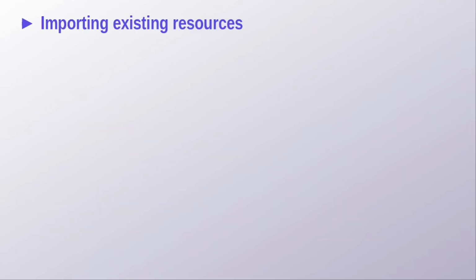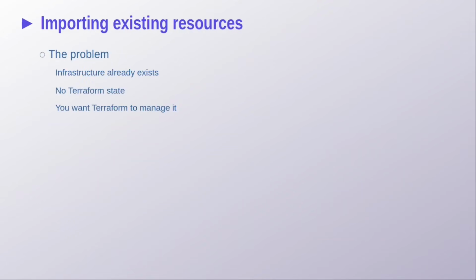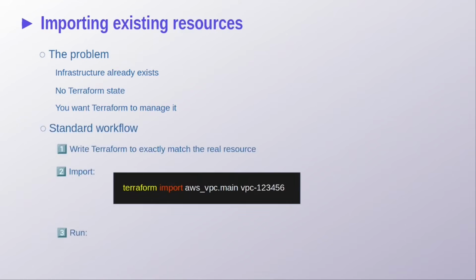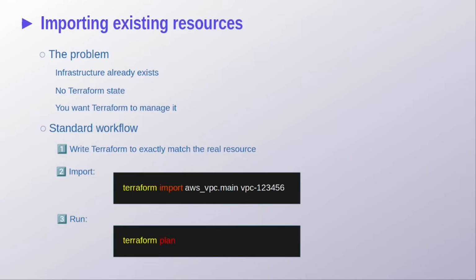Importing existing resources. The situation: you join a company, infrastructure already exists, there is no Terraform state, but you want Terraform to manage it. Correct flow.